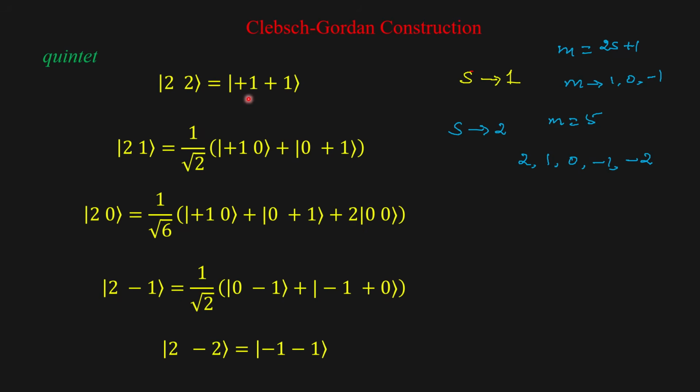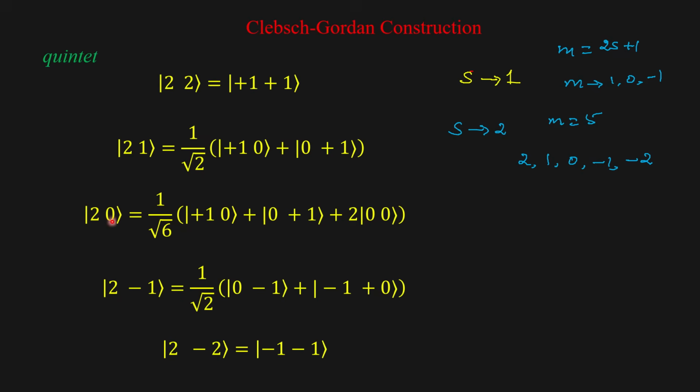Remember that this is a symmetrical one because there is a plus sign. Then when m is 1, you have a linear combination of 1 over square root 2 times plus 1 0, 0 plus 1. Even if you swap the particles, nothing will happen because it's a plus sign. So this is also a symmetrical one.